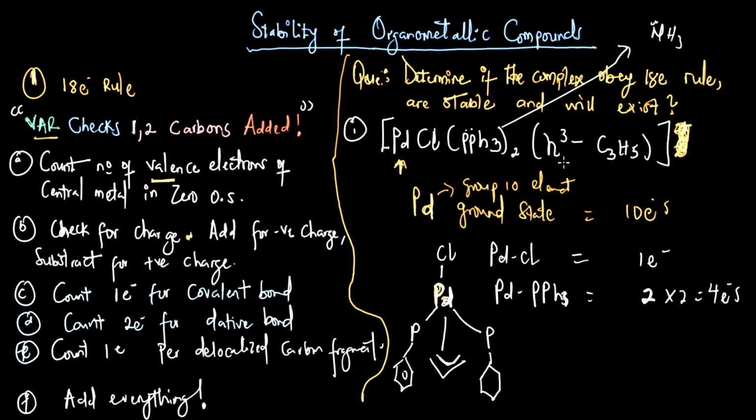The next thing we need to look at is the hapticity. This is simply to count 1 electron per delocalized carbon fragment. So the hapticity here is 3. Basically the bond will also be 3 electrons, right? So let's put it there, Pd C3H5. The electron count is 3.